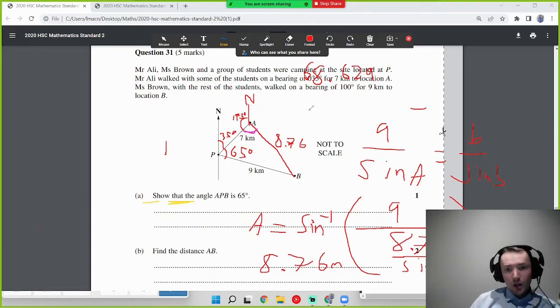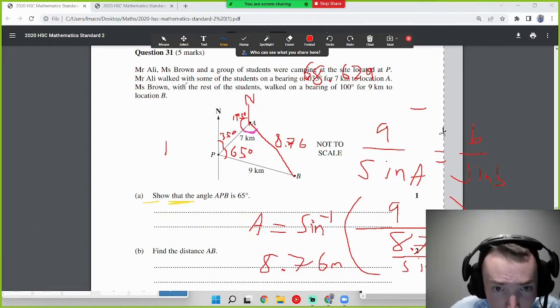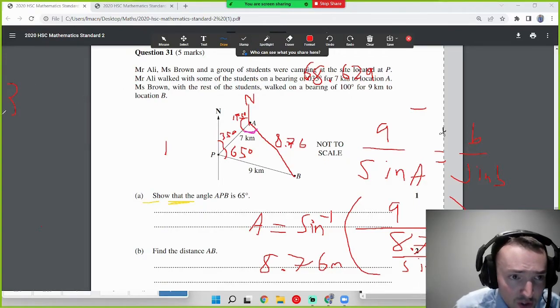So now, unfortunately that's not the answer. The answer has to be 360 degrees minus 68.629 minus 145.